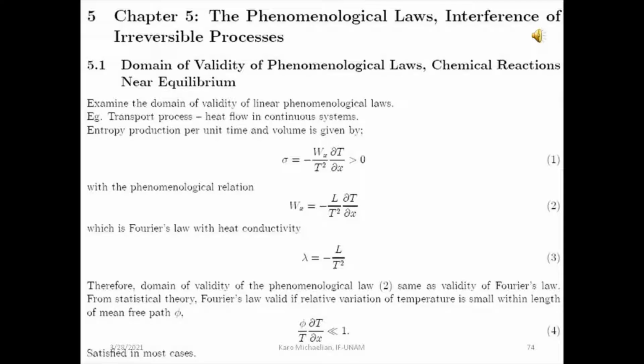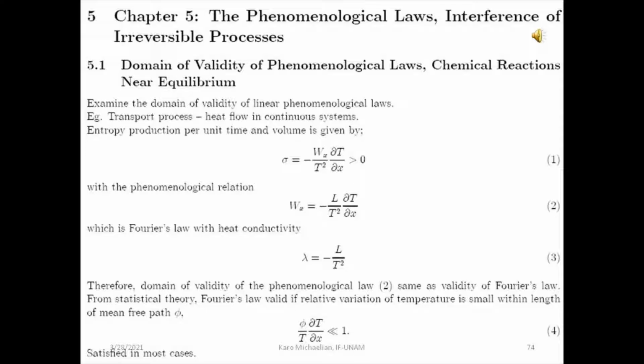Now, Fourier's law of heat flow is valid if the relative variation of the temperature is small within the length of a mean free path. That means the average distance between collisions of the particles in the system, which we define as phi, phi being the mean free path.